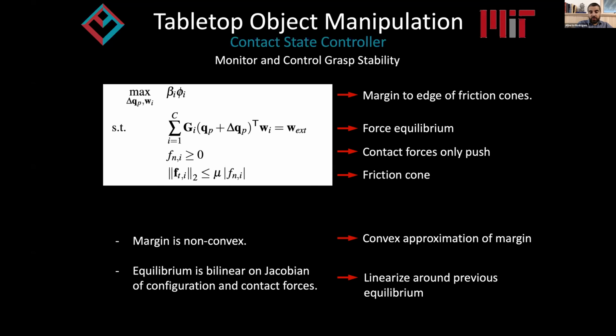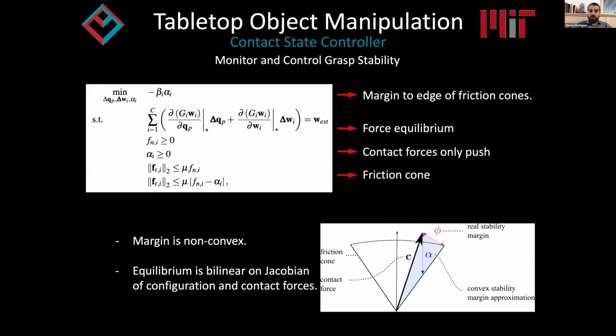So we have to convexify the cost function and linearize around the previous equilibrium to be able to solve this fast enough, using standard techniques commonly used by the locomotion community.